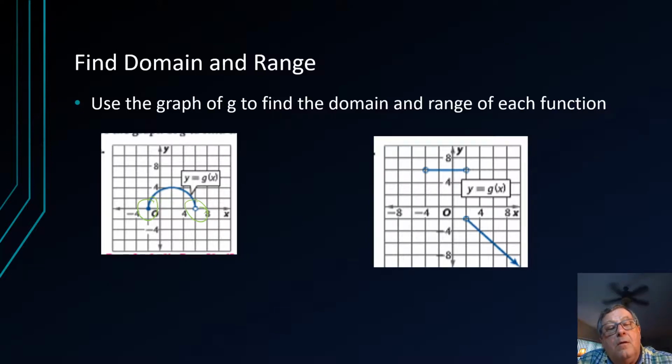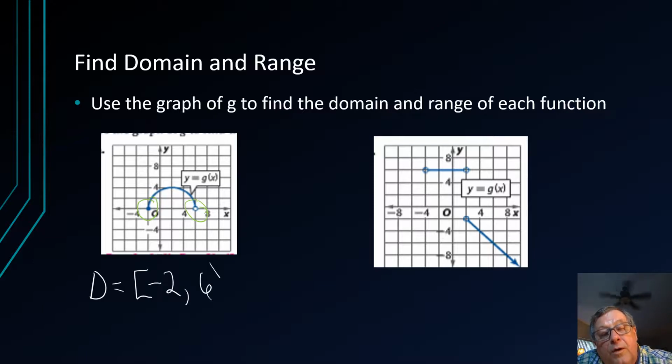So my domain, we're going to write this in interval notation. So I've got a bracket. Since that equals -2, I'm going to put a bracket, -2, comma, 6, with a parenthesis because it does not equal 6.